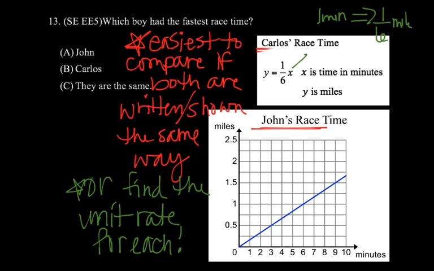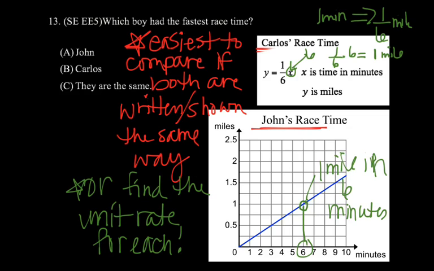What if I made my x become a 6, and I said 6 minutes? If it's 6 minutes, that means I went 1 mile. So if in 1 minute I went 1/6 of a mile, in 6 minutes I would go a whole mile. So I could look over at 6 minutes on my graph here, and I would see that he went 1 mile in 6 minutes. So if Carlos goes 1 mile in 6 minutes, and John goes 1 mile in 6 minutes, they are the same.